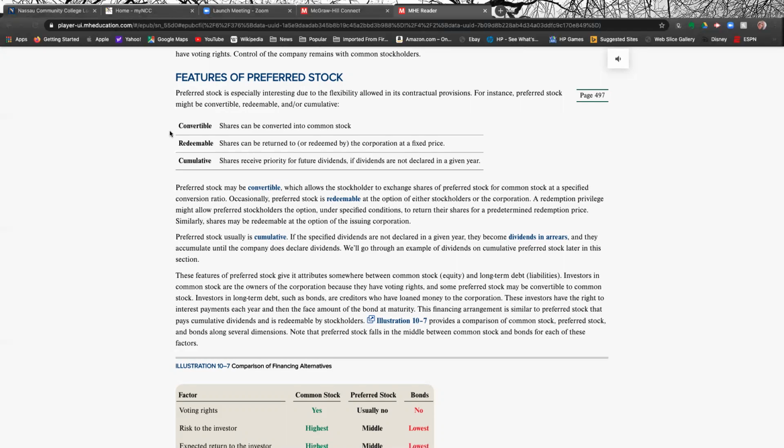And we even looked at the journal entry that gets made in that case. Well, sometimes the difference between redeemable and callable is who has the option to get paid, right? So callable, the company has the right to buy the stock back from you. Redeemable, the stockholder has the right to get their money back.